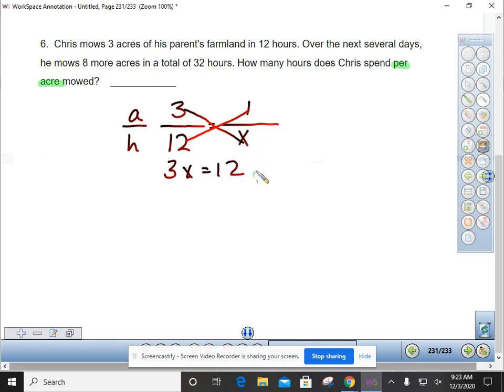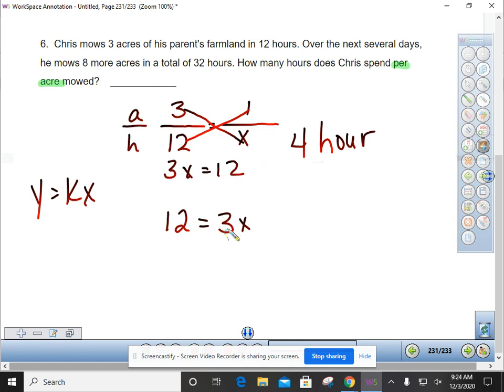So how many hours does it take him for 1 acre? 4 hours. Chris is a slow mower. And do you see that could also be written as 12 equals 3 times x? And then remember at the beginning when I said we're not going to use this one?